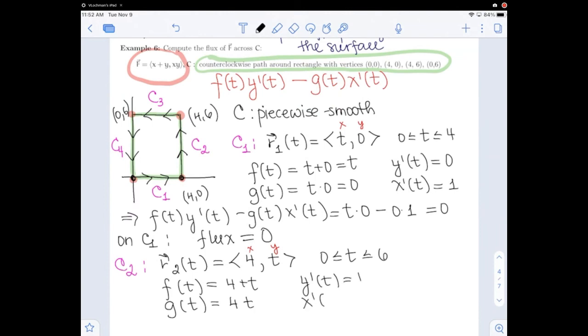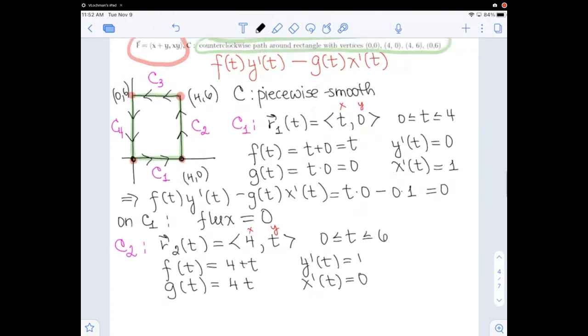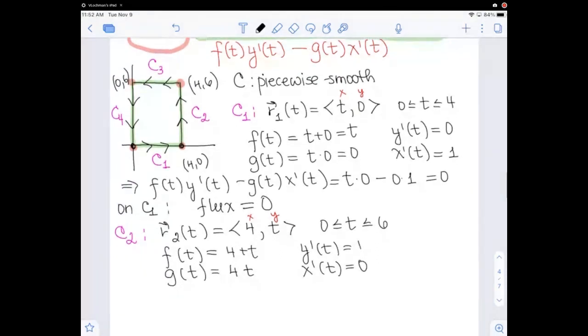X prime is going to be 0. Now we can compute that quantity. F times y prime, that's 4 plus t times 1 minus 4t times 0. And now we do not have a 0 function. We have a linear function, 4 plus t, and that's what we're going to integrate.